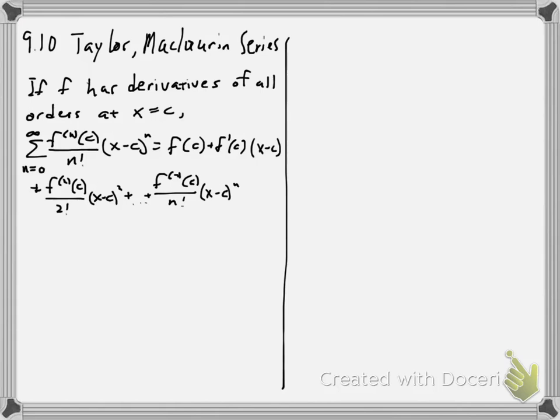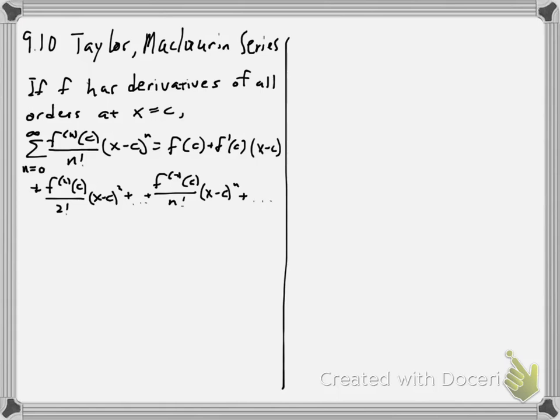We would end here if we were computing the nth Taylor polynomial. Instead, we just say plus dot dot dot and continue to infinity. So this is the Taylor series for f of x at c. If c is 0, then we call this a Maclaurin series.